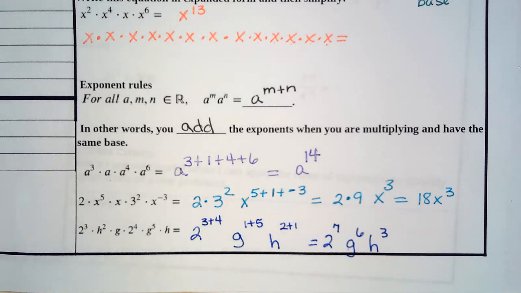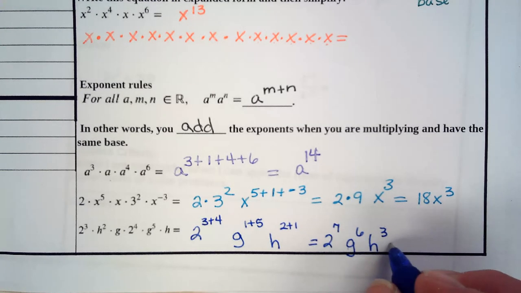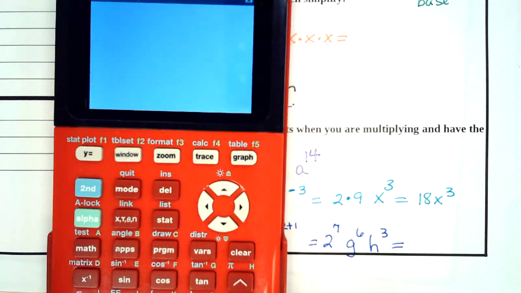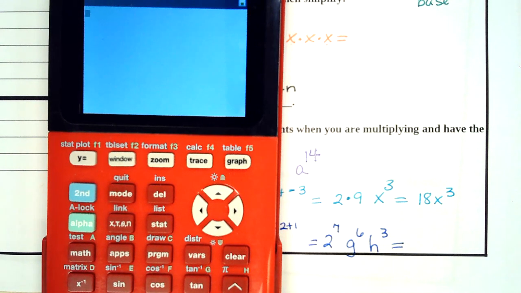Am I done? Yes and no. If they want it in exponential form, we're done. If they want you to find what number is equal to 2 to the 7th power, we are not done. So if I'm looking at 2 raised to the 7th power, I'm going to put it in my calculator.